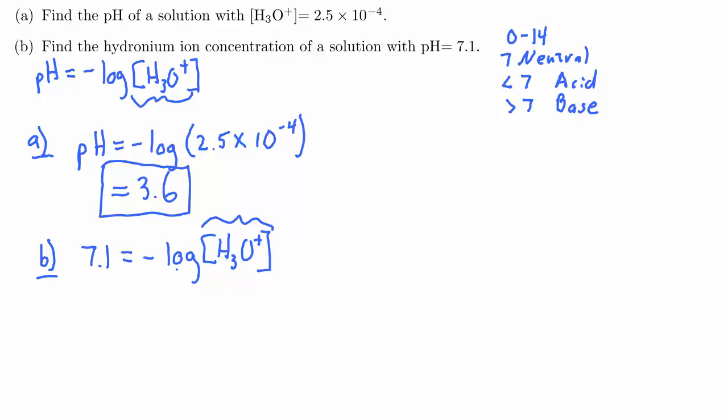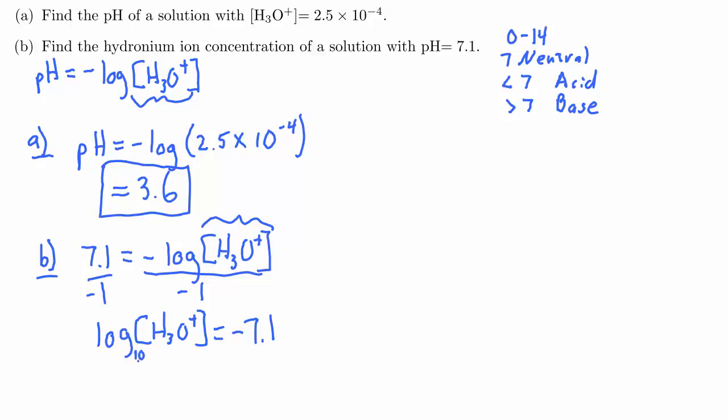I want to convert this into an exponential expression, but I can't do that yet because there's a negative sign here. So first I'm going to divide everything by negative 1. That tells me that the log of the H3O+ ion concentration is equal to negative 7.1. And this I can convert into an exponential expression.